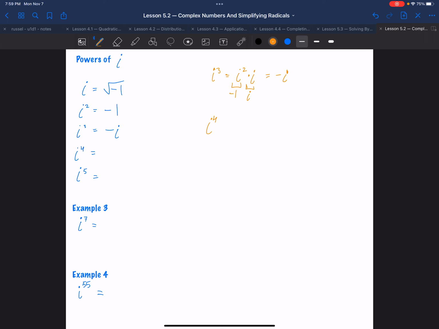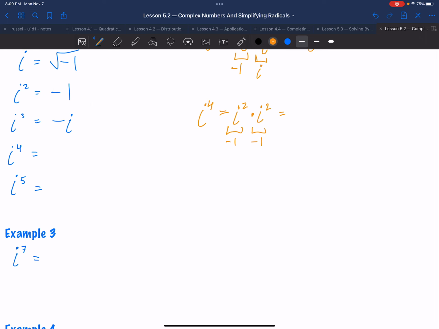We could do i cubed times another i, or I like to think of it as i squared times i squared. And i squared is negative 1, and the other i squared is negative 1. So you multiply negative 1 times negative 1, you get positive 1. So i to the power of 4 is positive 1.